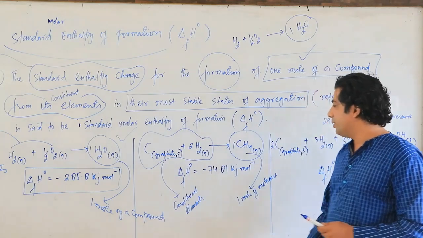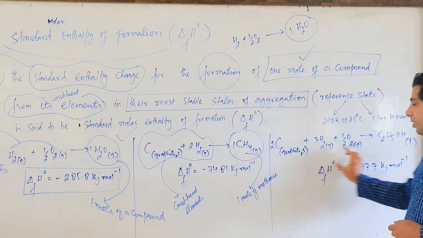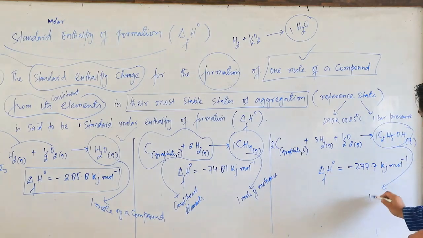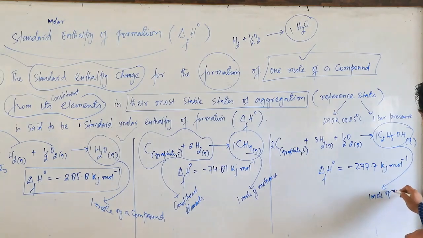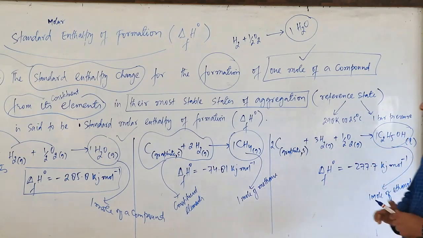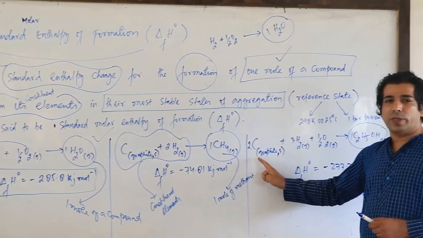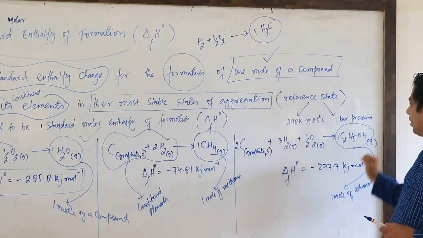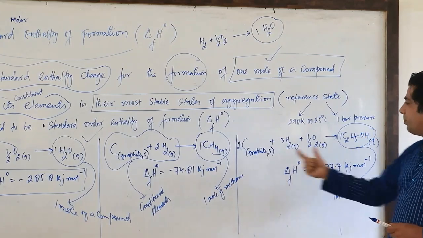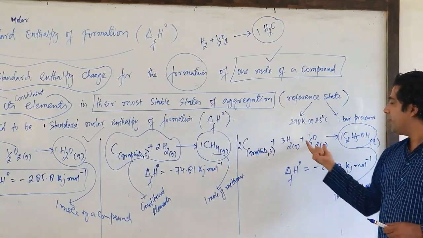Now my dear friends, if you look at this particular reaction, you will find that here I am getting 1 mole of ethanol, formed from its constituent elements. Who are the constituent elements in ethanol? They are carbon, hydrogen and oxygen.